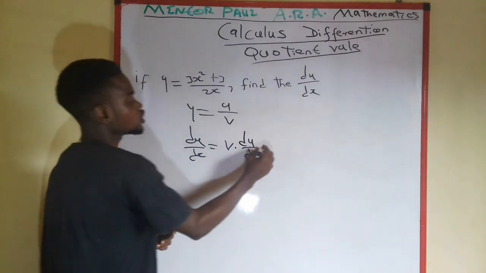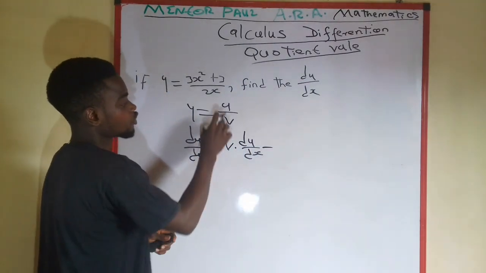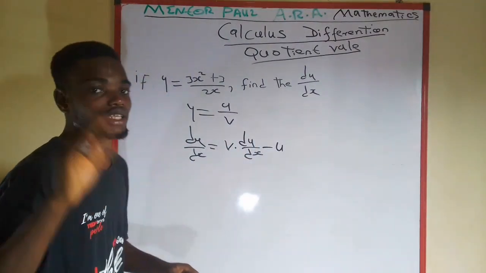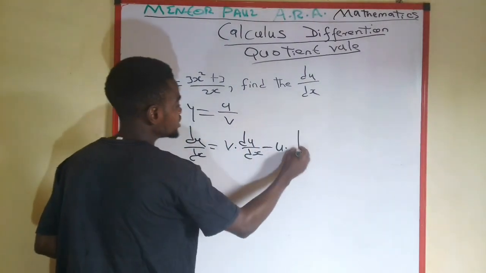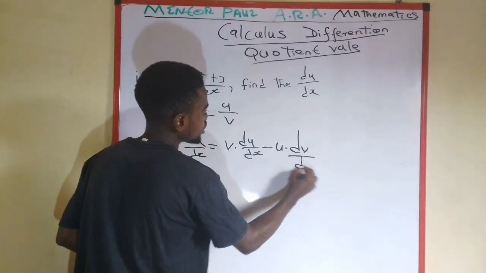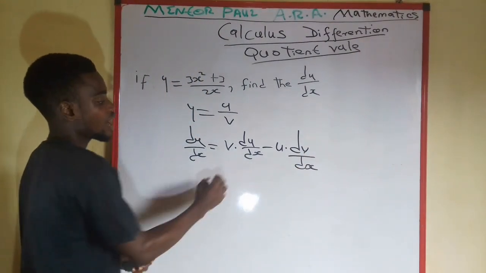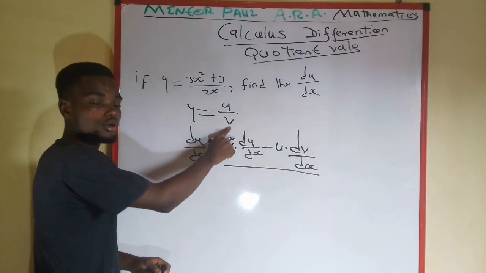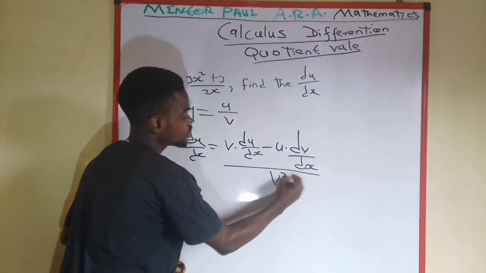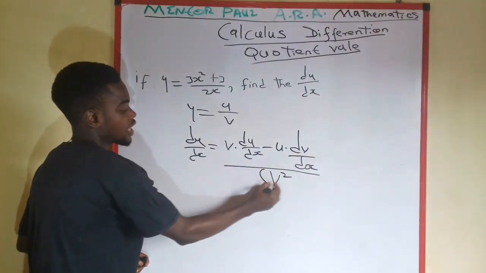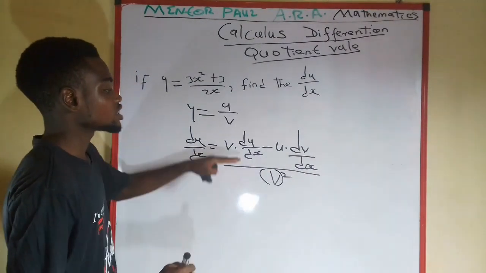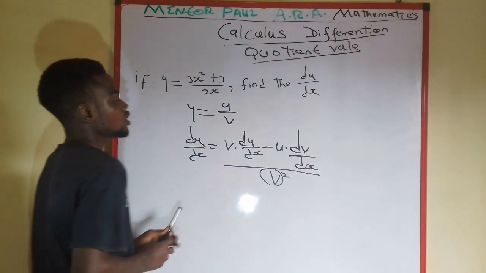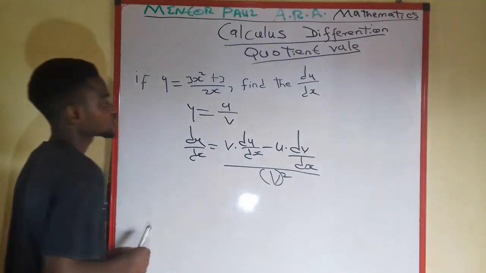After I've done that, I'm going to take away from it the normal u, or you can call it a virgin u, multiplied by dv over dx, that is differentiated v. And after, I'm going to divide all through by the denominator, which is v squared. You can put that in a bracket. So this is the formula we are going to be applying in this question. Let's go forward and do that.